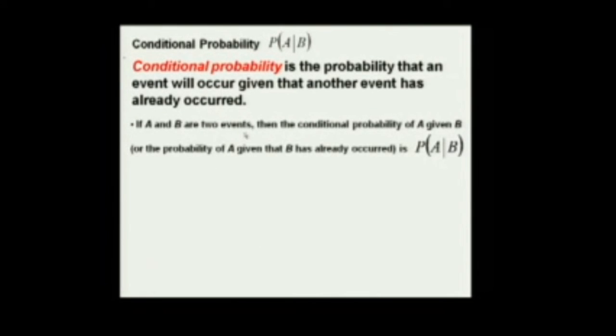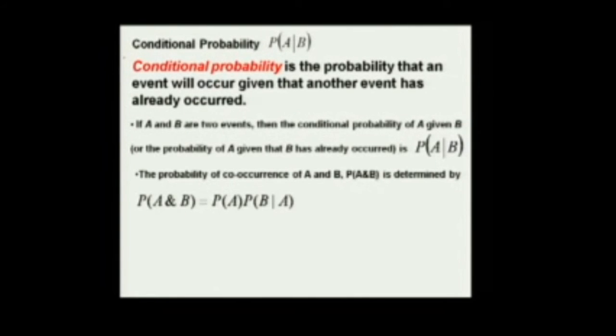If A and B are two events, then the conditional probability of B given A will be given as follows. P(A and B) will be equal to P(A) times P(B given A). What we are interested in is P(B given A). And what you see here, P(B given A) is equal to P(A and B) divided by P(A).